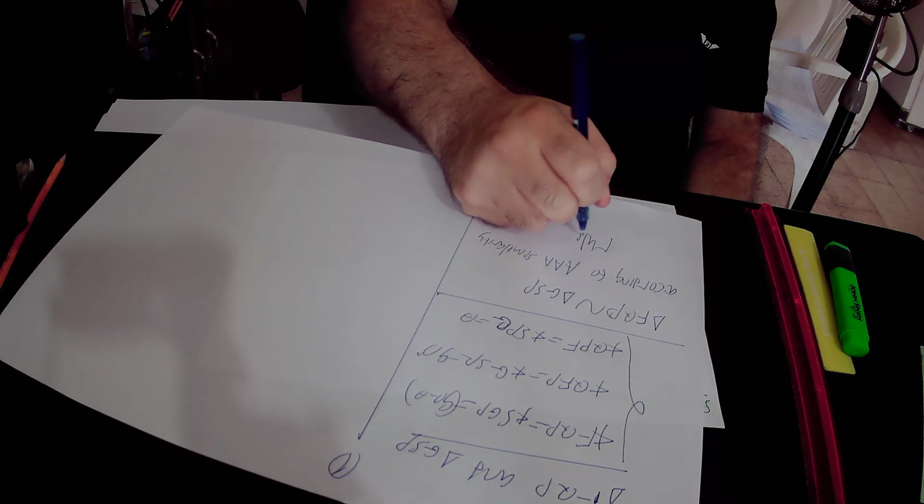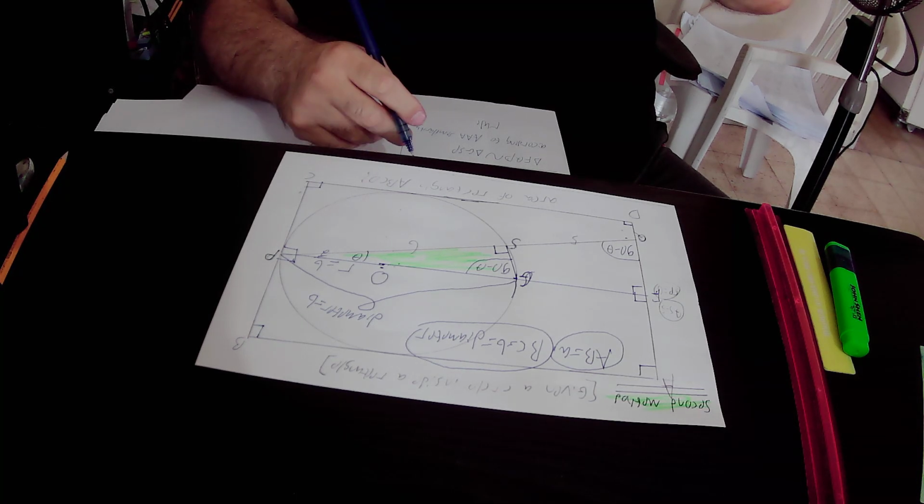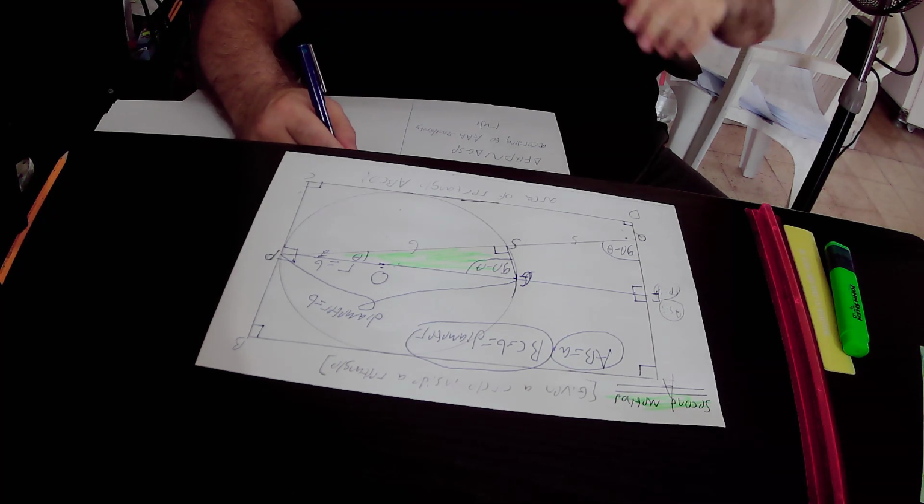And for the fact that those two triangles are similar to each other, we derive the following relationship between their sides.